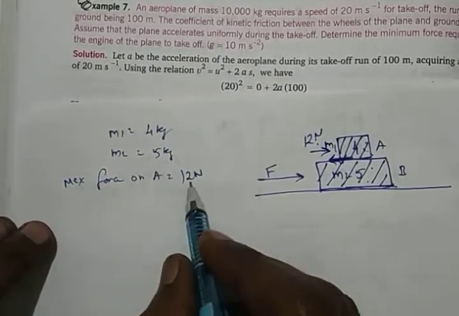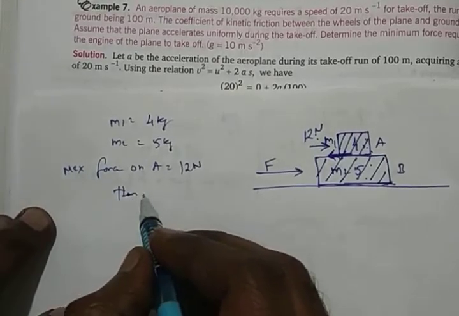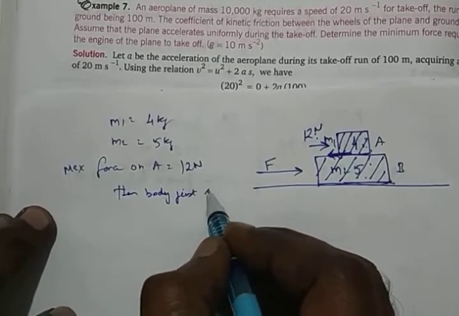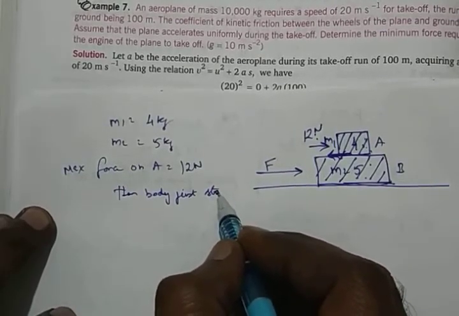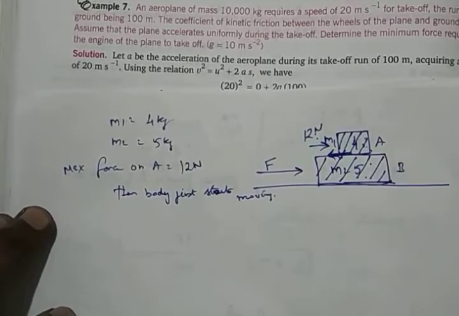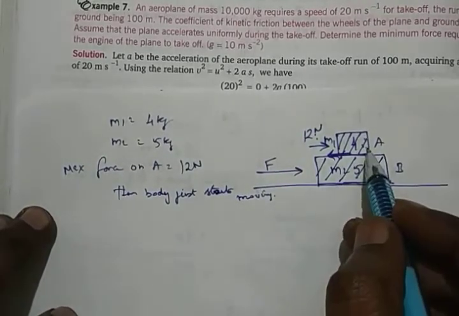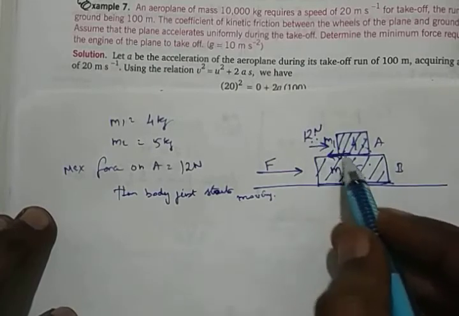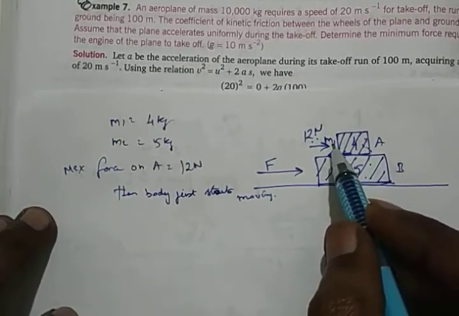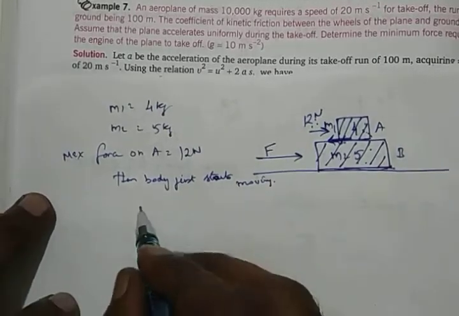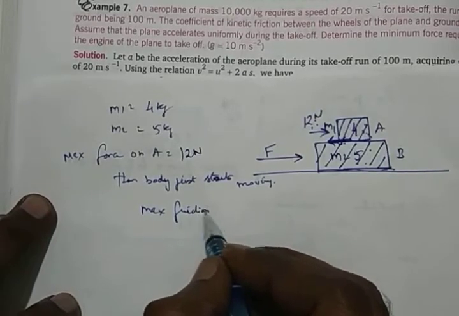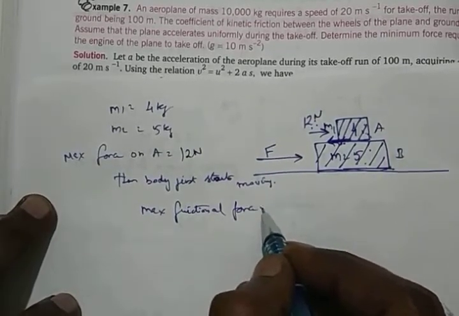So at maximum force on A, the body just starts moving. Just starts moving means what should the frictional force be? If 12 newtons only is there and it just starts moving, the frictional force also will be maximum, and the maximum frictional force is 12 newtons.